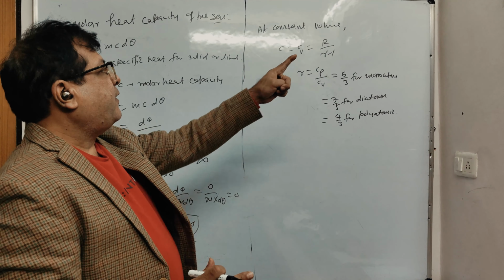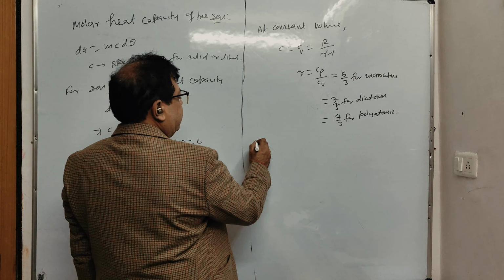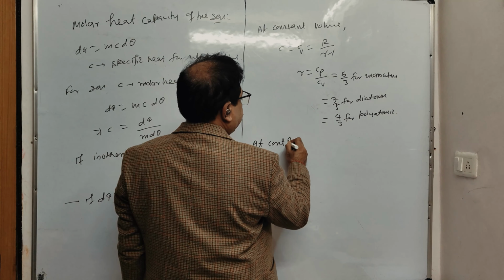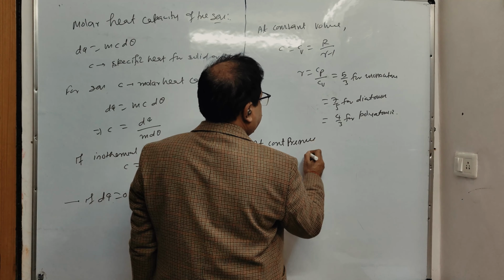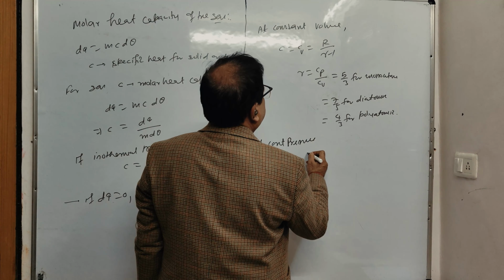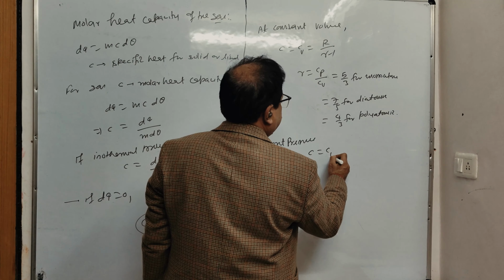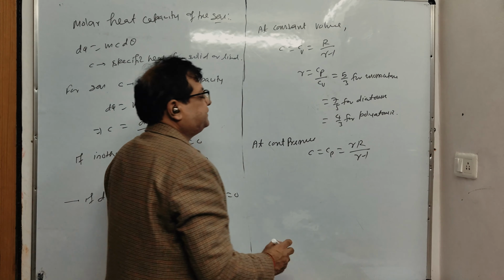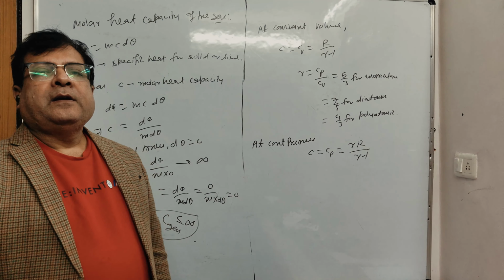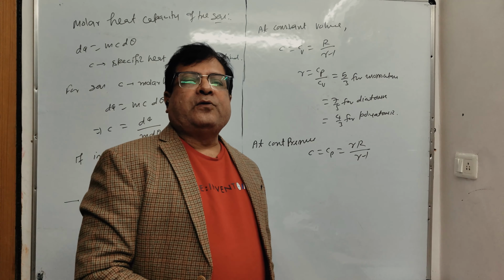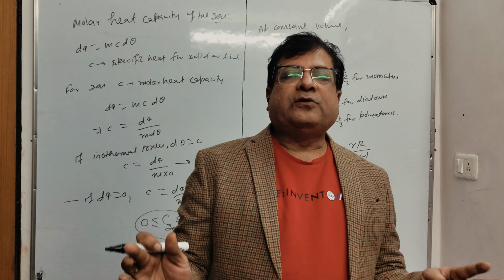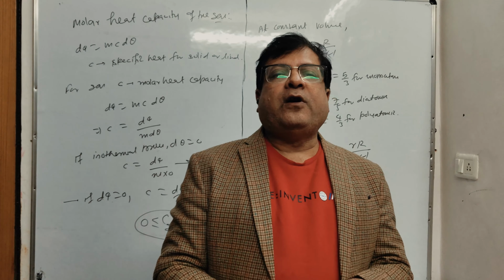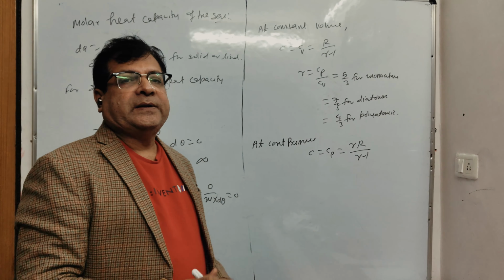So this is at constant volume, and in a similar way at constant pressure, this C is written as Cp, which is gamma R upon gamma minus 1. There are not only two processes, there are so many processes, and for every process the value of C is different.